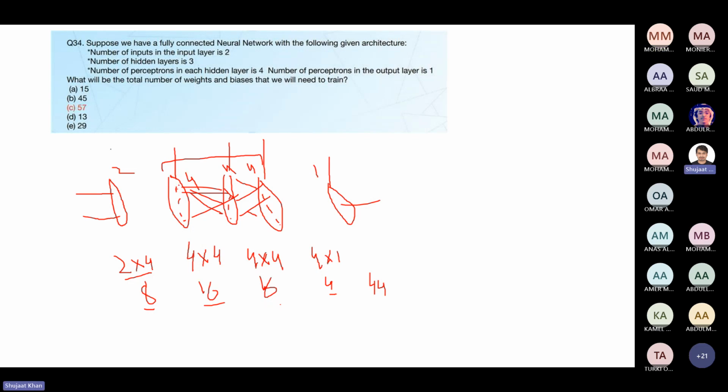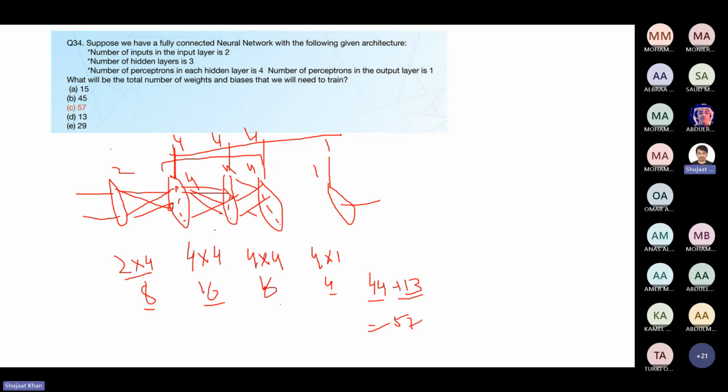For each neuron here, you add one bias, and then these two will add and give you another bias. So total 4, 4, 4, and one bias. So total 13 biases and 44 weights. The sum will be 57.